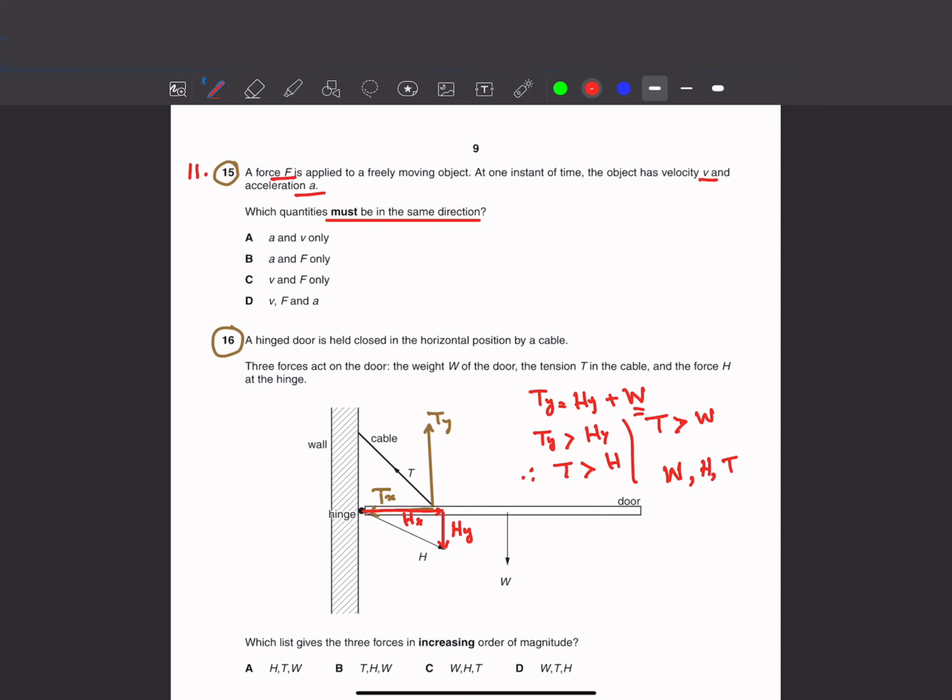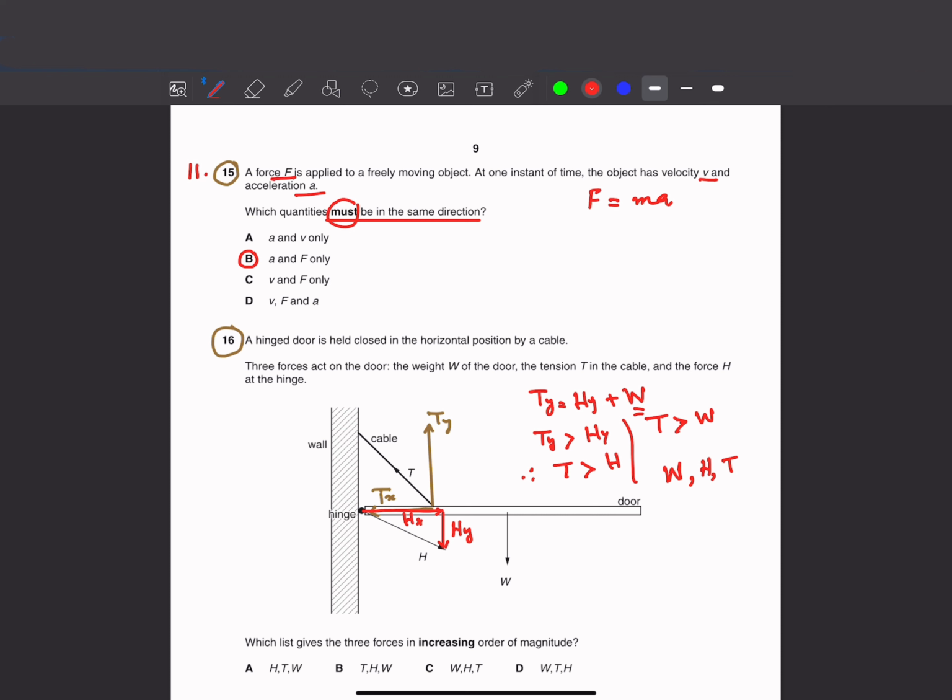So the simple thing is that you can recall Newton's second law of motion, which says that F is equal to ma, and acceleration is directly proportional to the force and in the direction of the force. So the must condition is only for this situation, that a and F must be in the same direction.